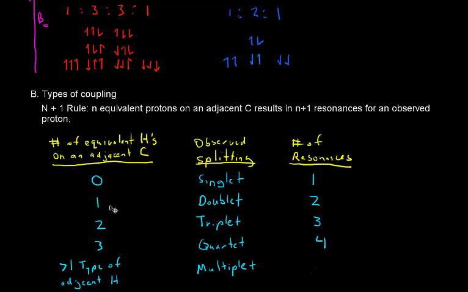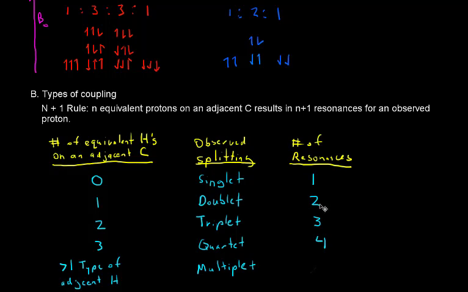If there's one proton on an adjacent carbon, and this also works sometimes for heteroatoms, you could have a proton on an oxygen or a nitrogen, for example, that might split your observed proton on a carbon. One proton on an adjacent carbon gives us a doublet, n+1, and a doublet has two resonances.